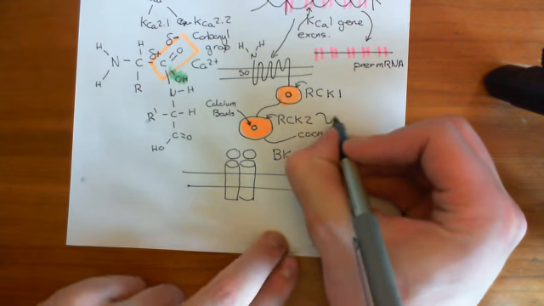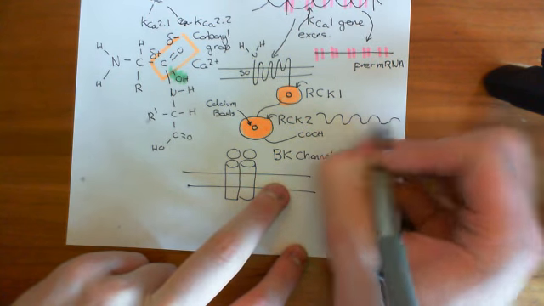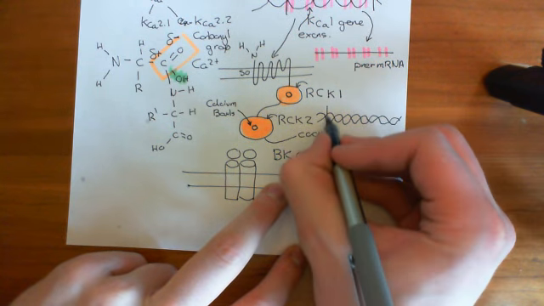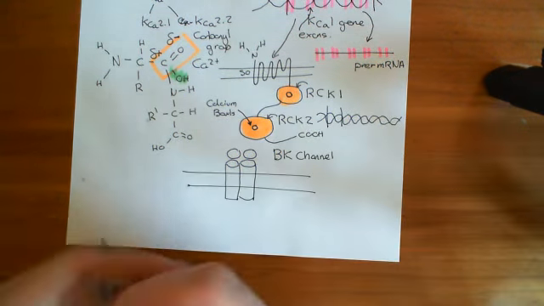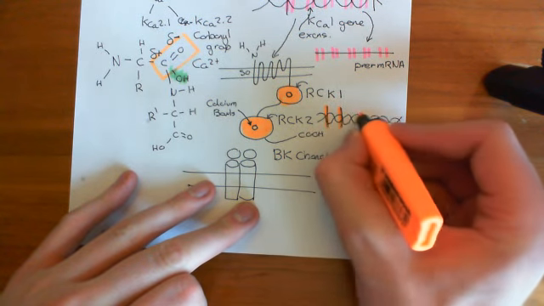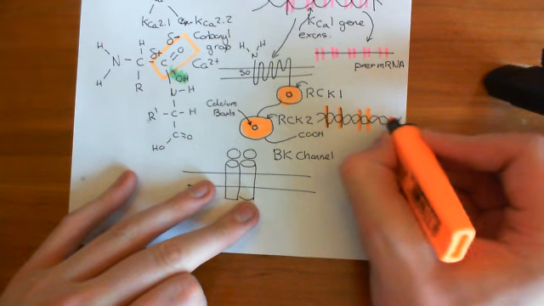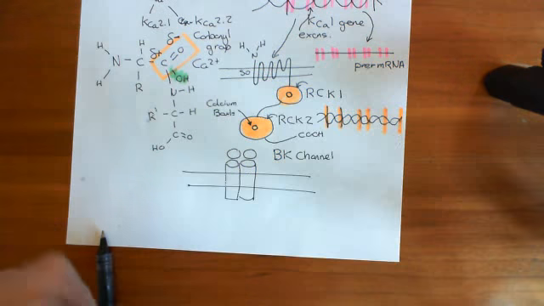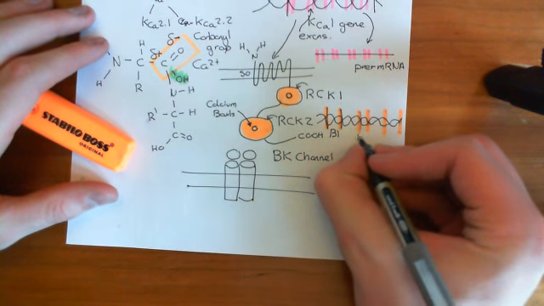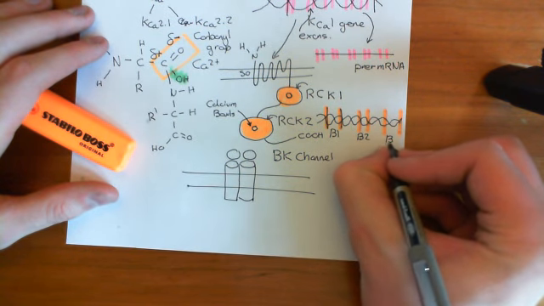If I draw some DNA here, they're probably not next to each other, but for the basis of the picture I will draw the 3 genes next to each other. So there are 3 different genes coding for beta subunits: beta 1, beta 2, and beta 3.